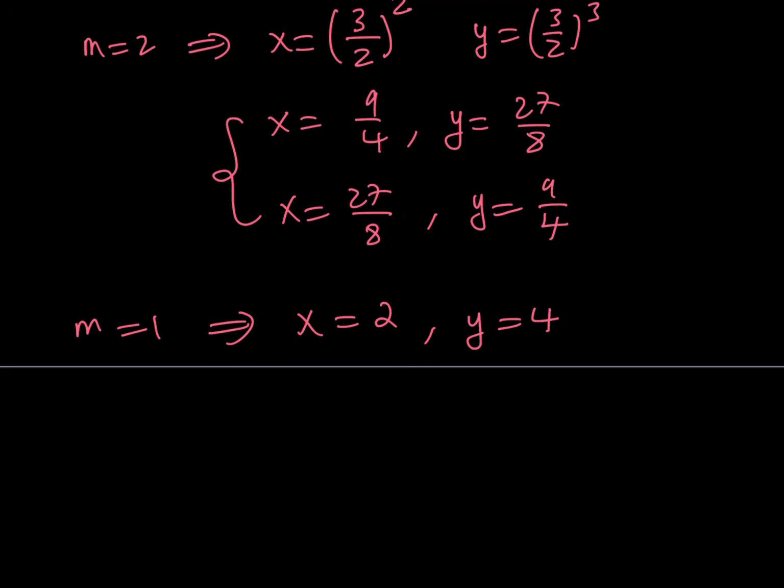So x equals 2, y equals 4, or x equals 4, y equals 2 are the integer solutions of this equation. In other words, we can safely say that 2 to the 4th power equals 4 to the 2nd power. But interestingly, there are no other integer pairs for which x and y are different, for which this is true. Unfortunately, or maybe fortunately, who knows, this is the only solution, and it's amazing.